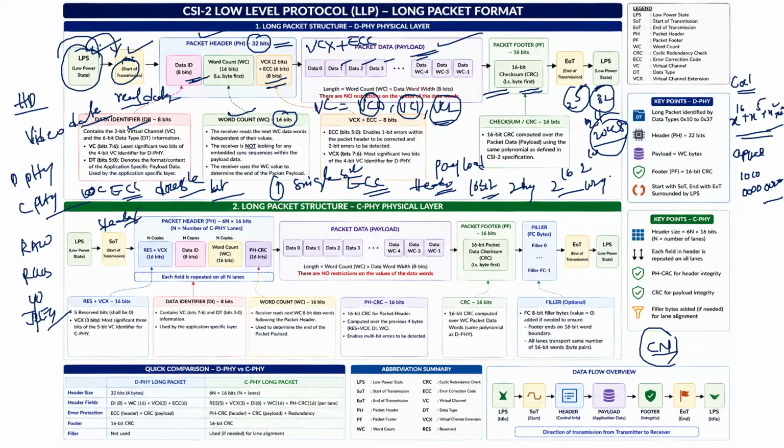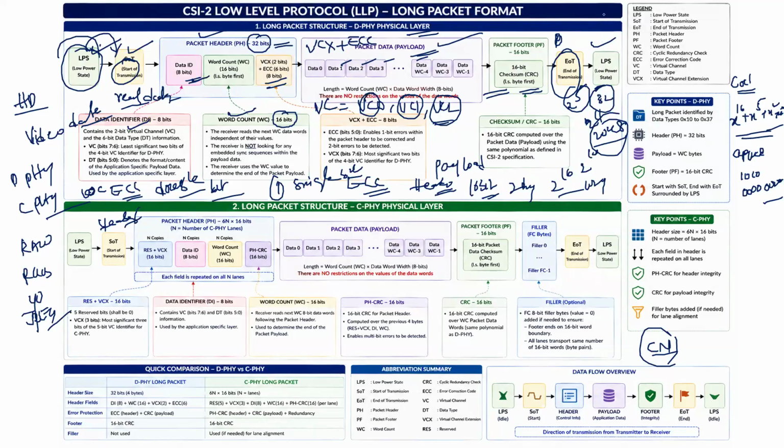So this is the long packet data in the D-PHY layer, and the same thing will be explained for the C-PHY long packet data. End of transmission means that the packet transmission is finished. Whatever packet you are transmitting from the transmitter side to the receiver side is finished, and then it moves again to LPS, low power states.